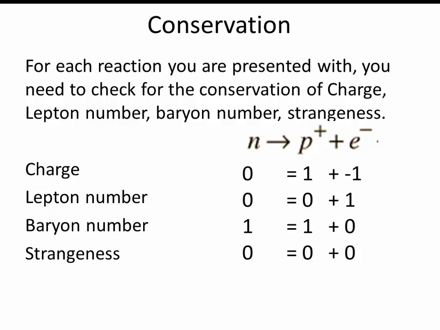This particle must have 0 charge, it must have -1 lepton number, it must have a baryon number of 0, and it has a strangeness of 0. In fact, there is one particle which fits this description, and that's an anti-neutrino. Notice that an electron is produced with an electron antineutrino. So now this works.